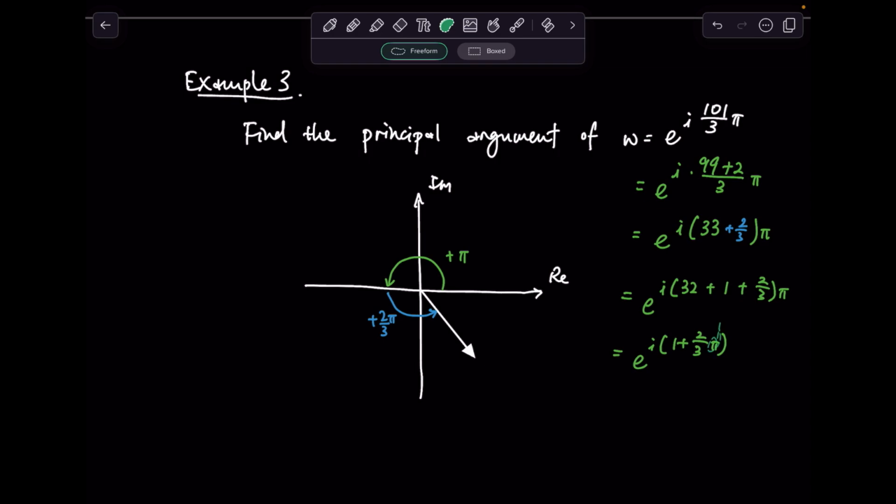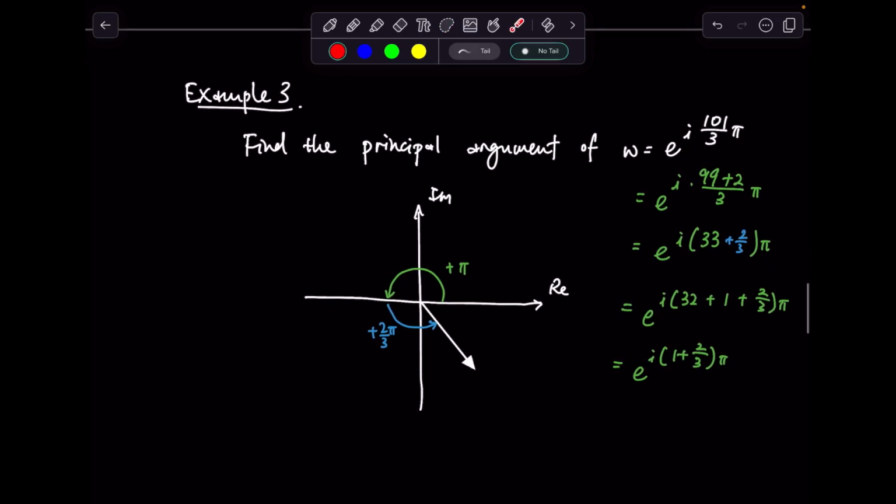Sorry, I should have written this pi outside like this: 1 plus 2/3 pi. Now this is kind of the same as an example we did earlier on, the one with 5 over 3 pi.